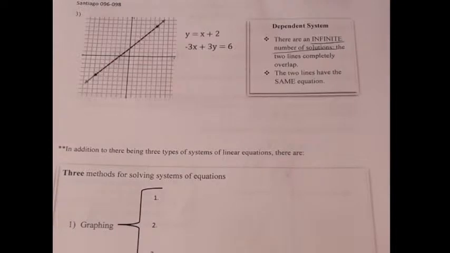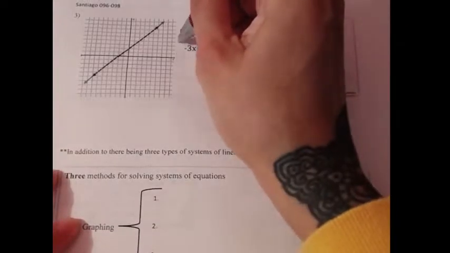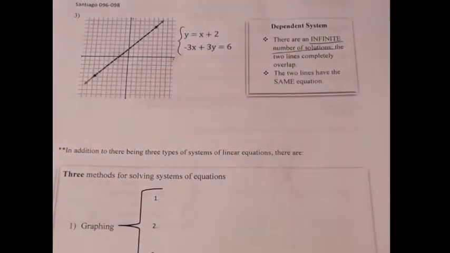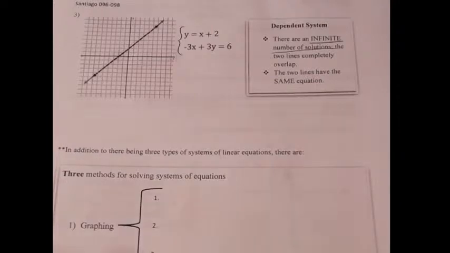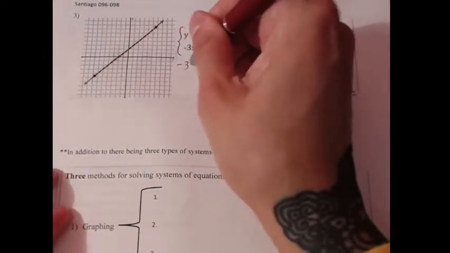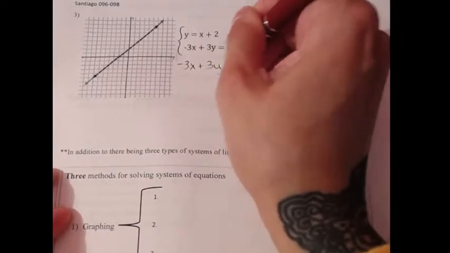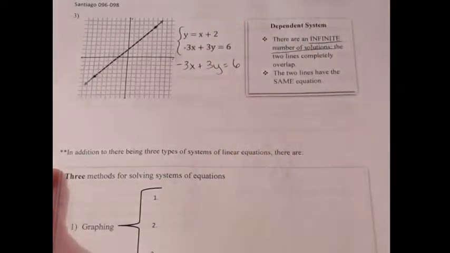Again, how we know this is because the two lines are actually the exact same equation. So notice the system that I have here. y is equal to x plus 2, and then negative 3x plus 3y equals 6. At first glance, you're probably thinking, they don't look the same. Well, I'm going to take that second equation, negative 3x plus 3y is equal to 6, and I'm going to isolate y.